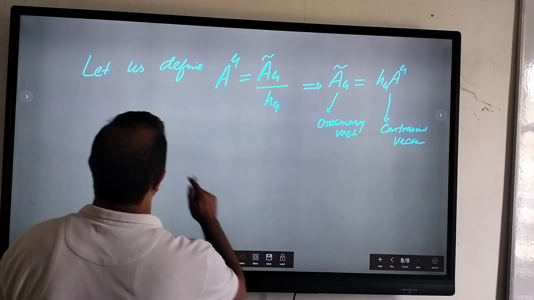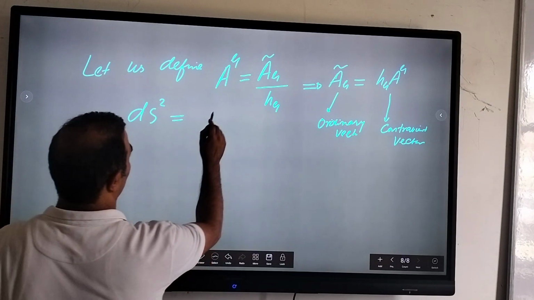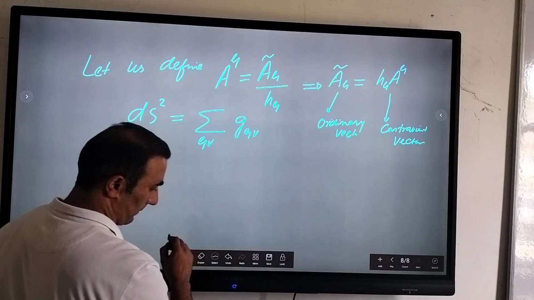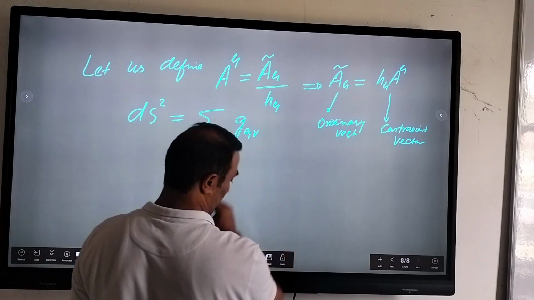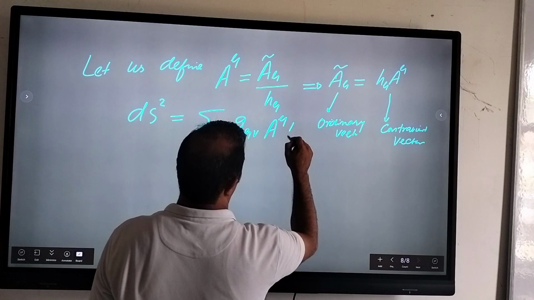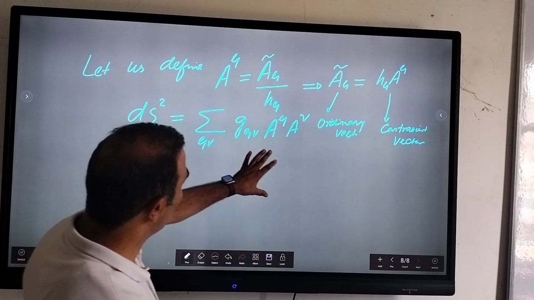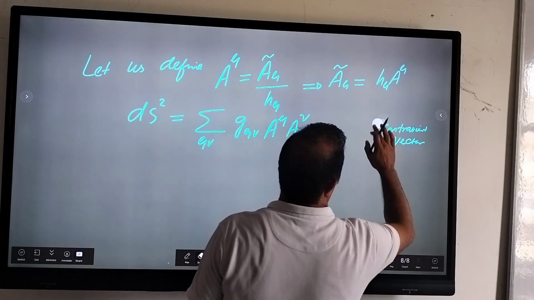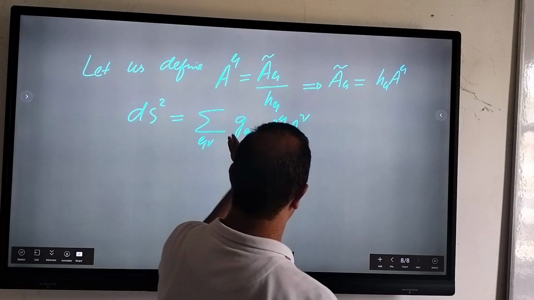So let's write now what's our ds square. So I'm putting now, if you remember that, this is how we can define that, because this is again that a mu.